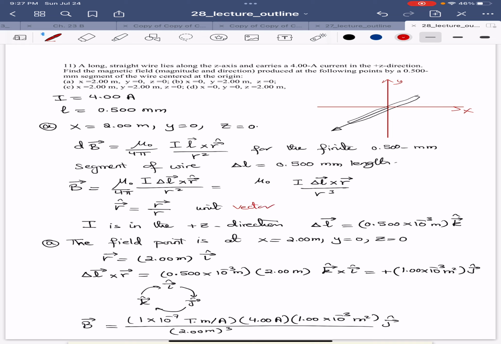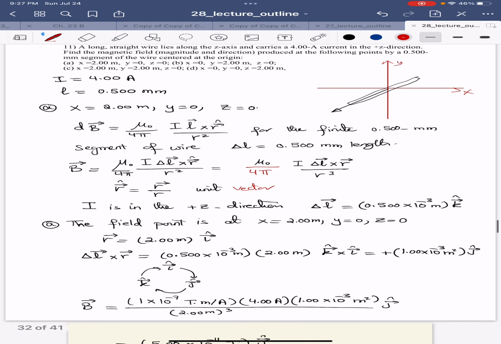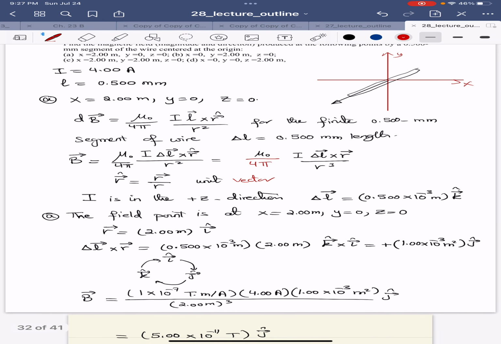So I replace it, mu 0 over 4 pi, and then it's going to be r cubed.